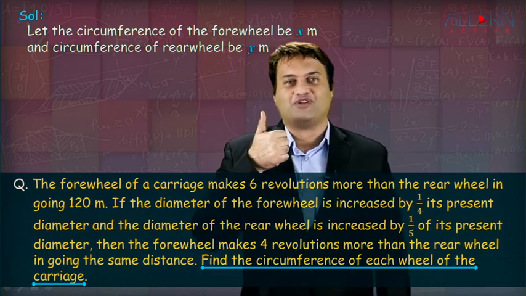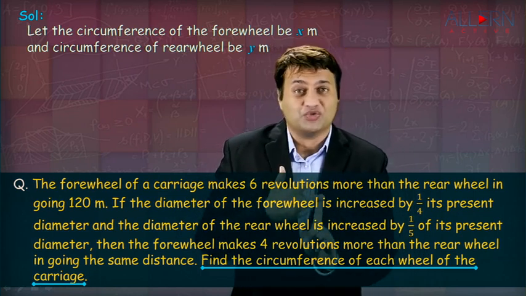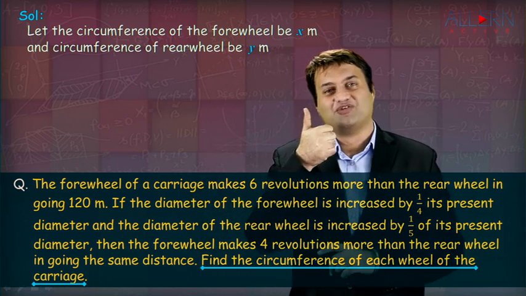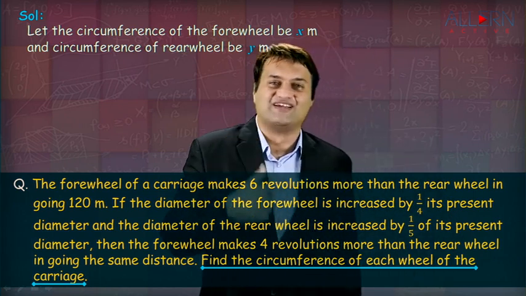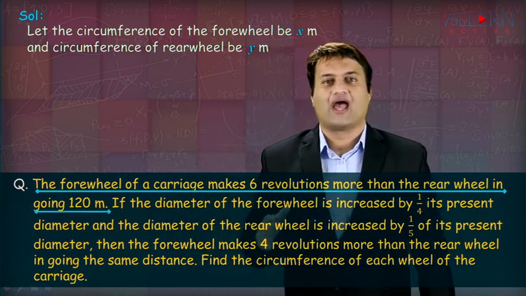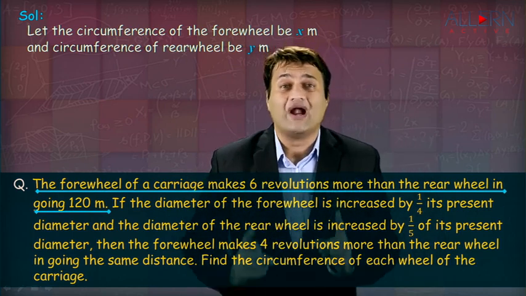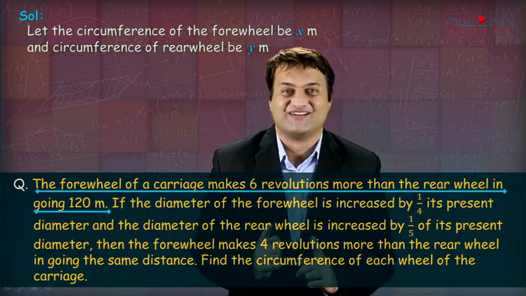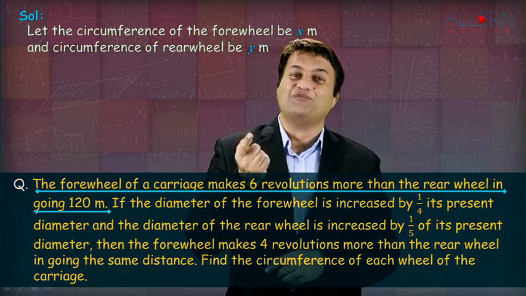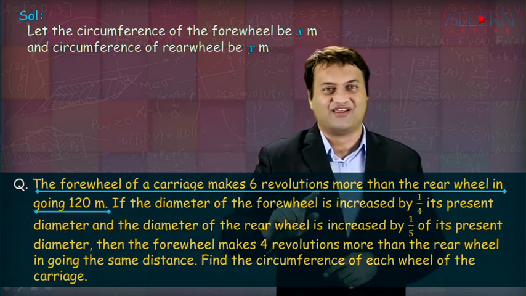So out of the distance, number of revolutions and circumference, we have assumed the circumference. So what remains now is the number of revolutions and the distance. Let's see what to do with that. It's given that the forewheel of a carriage makes 6 revolutions more than the rear wheel in going 120 meters. 120 meters, meaning this is the distance covered by the forewheel as well as the rear wheel, right?